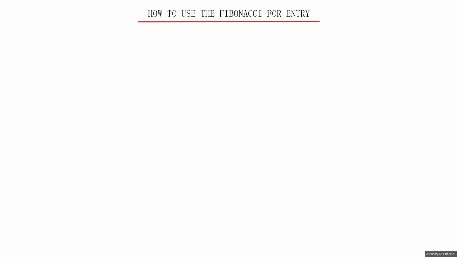Now we are going to come to how to use Fibonacci for entry. It's important to note that as chart structure traders, we know that after a break of structure, prices usually goes for a natural 61.8 retracement. Okay, that is, for example, if we see prices make clear bearish structure like this, and prices comes and breaks the structure.